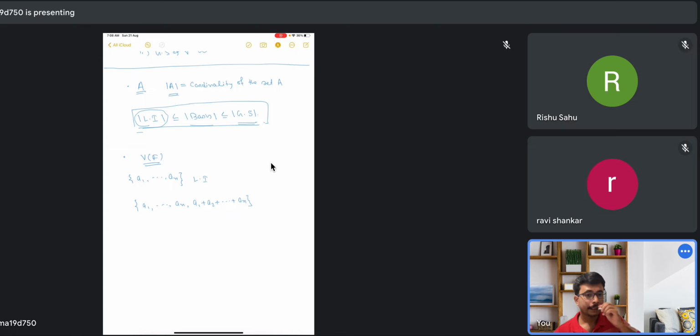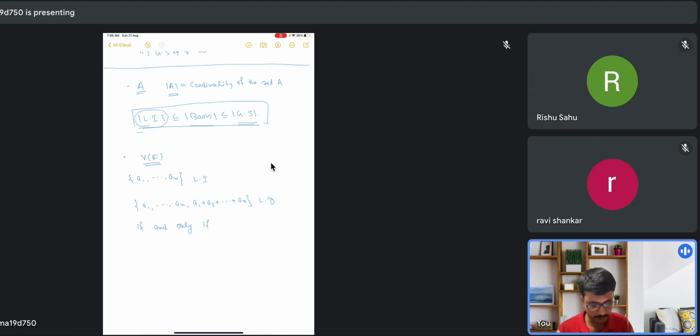This is linearly dependent if and only if, I am writing the statement properly. I am going to go for the if and only if case later.